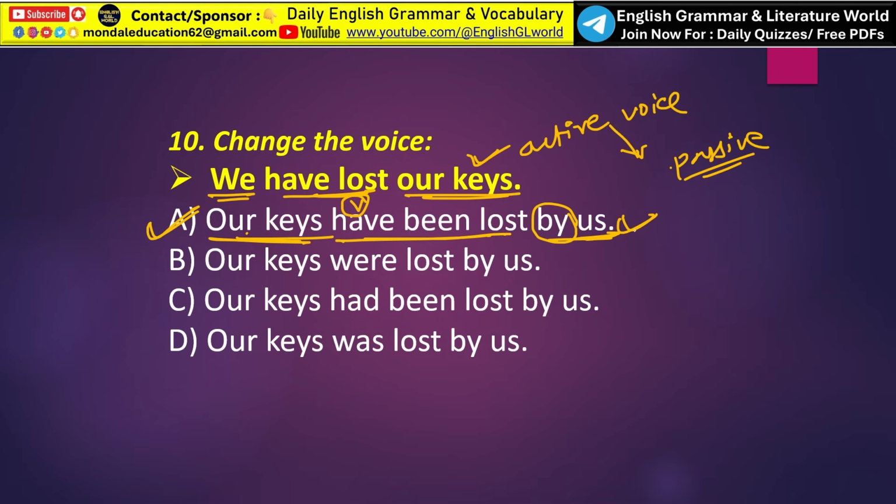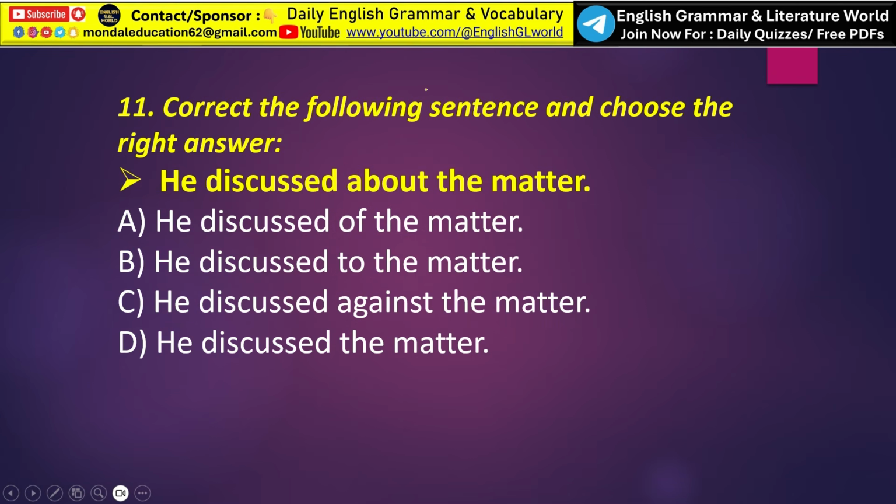Next, correct the following sentence and choose the right answer. He discussed about the matter. Now you have to find the error part of this sentence. Actually the sentence is not correct. Here the preposition about is used. Now the verb discuss never takes any preposition.